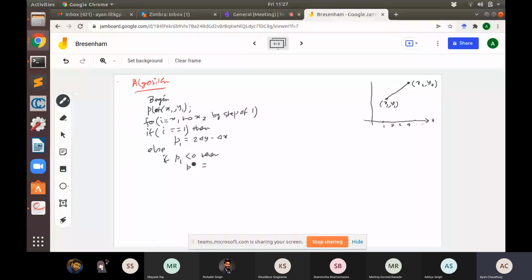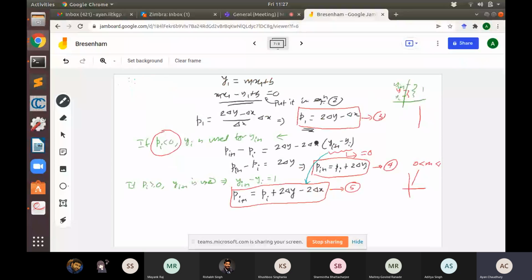So pi is equal to pi plus 2 delta y. Why? Because pi plus 1 is equal to pi plus delta y, but for the convention we are using, we increment this by 2 delta y. So that's why we write pi equals pi plus 2 delta y.